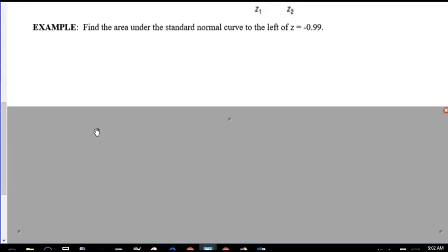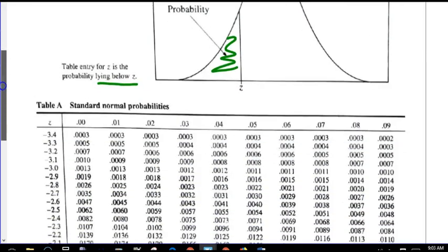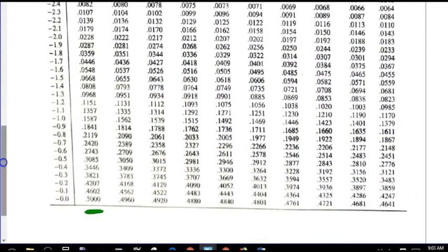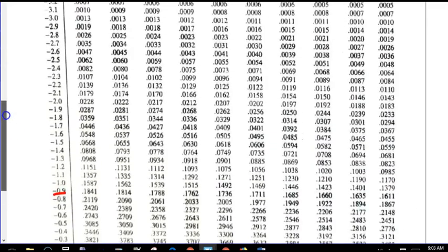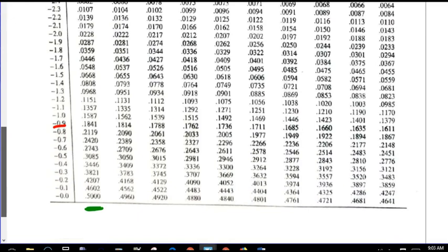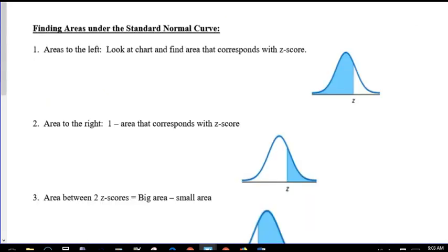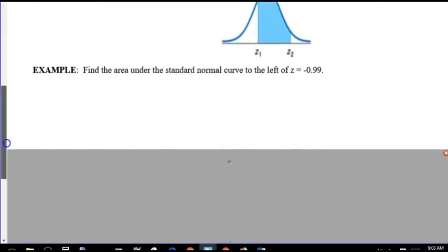All right, let's actually do some now. Find the area under the curve left of negative 0.99. So you're going to look in your chart. I'm going to go to the negative side. Negative 0.9 is right here, and all the way down. So I'm going to go all the way over to 0.09, and it's 0.1611.